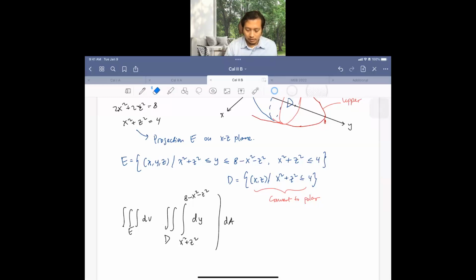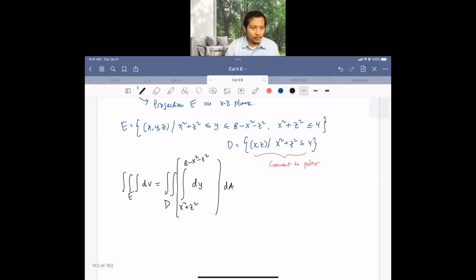The first one we could just solve and make it into our equations. So dA. And now for D, we could just take the polar. So convert to polar.